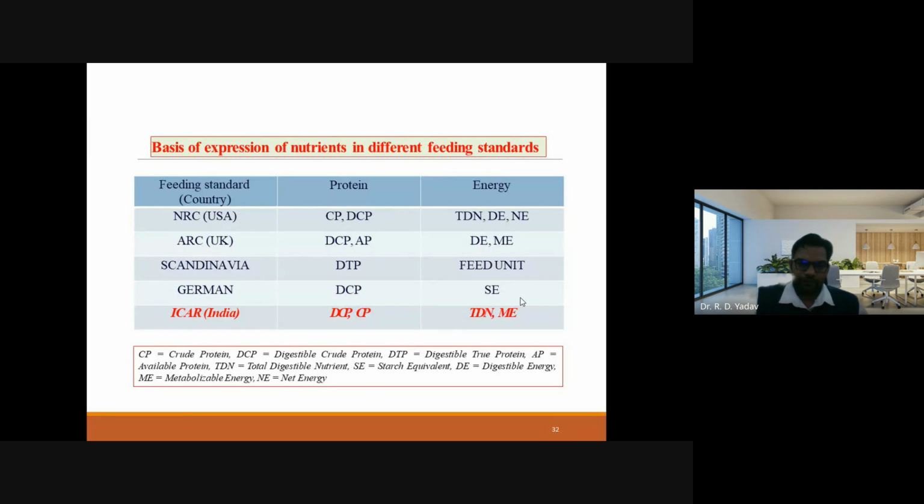In case of India, we use the ICAR standard, in which protein is predicted by DCP and CP, and energy by TDN and ME value.